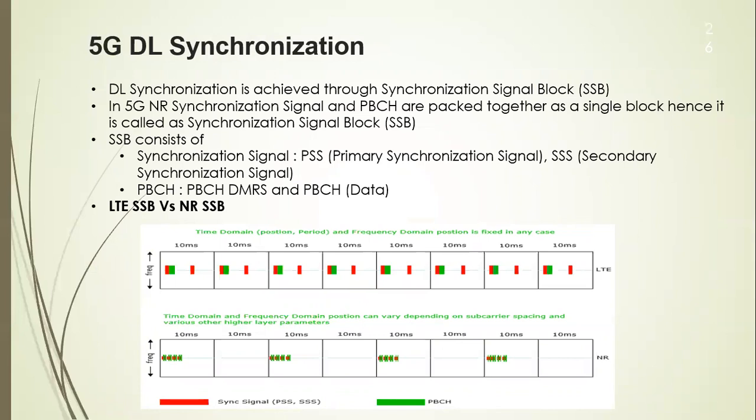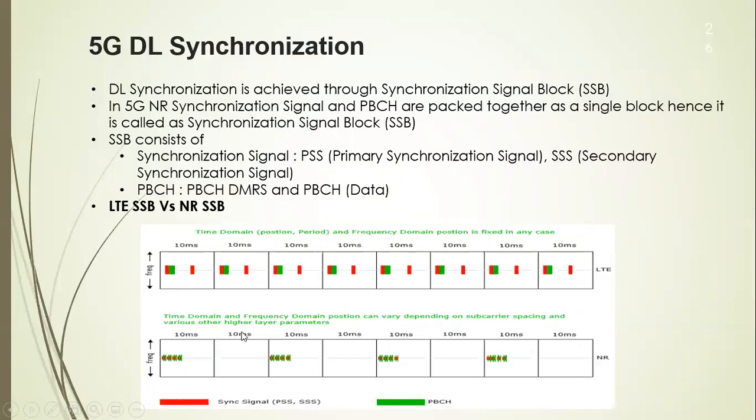The main difference between LTE synchronization and 5G synchronization with respect to the signals is that in LTE, the PSS, SSS, and PBCH are not bundled together. If you see the first diagram here, PSS is transmitted in one time slot, SSS in another time slot, and PBCH in another slot.